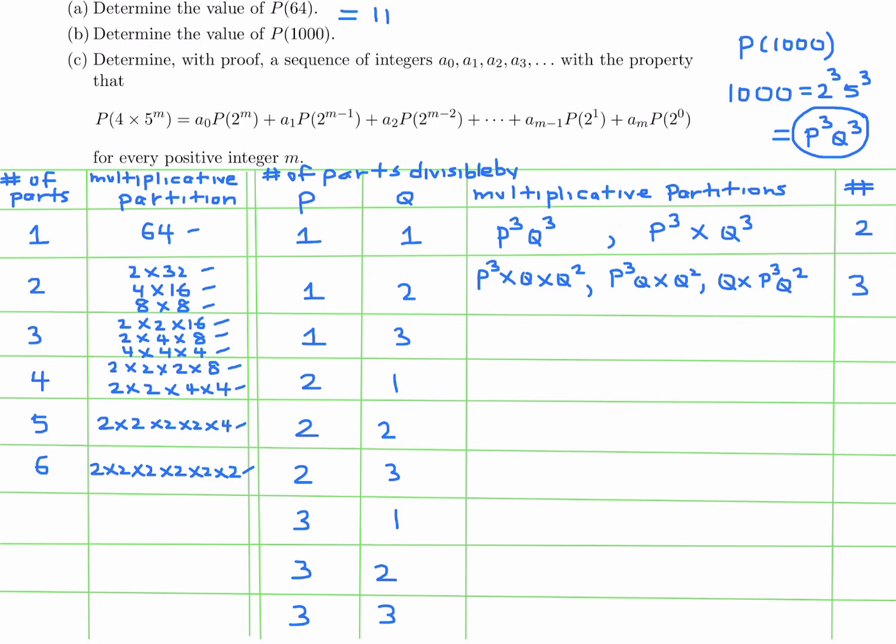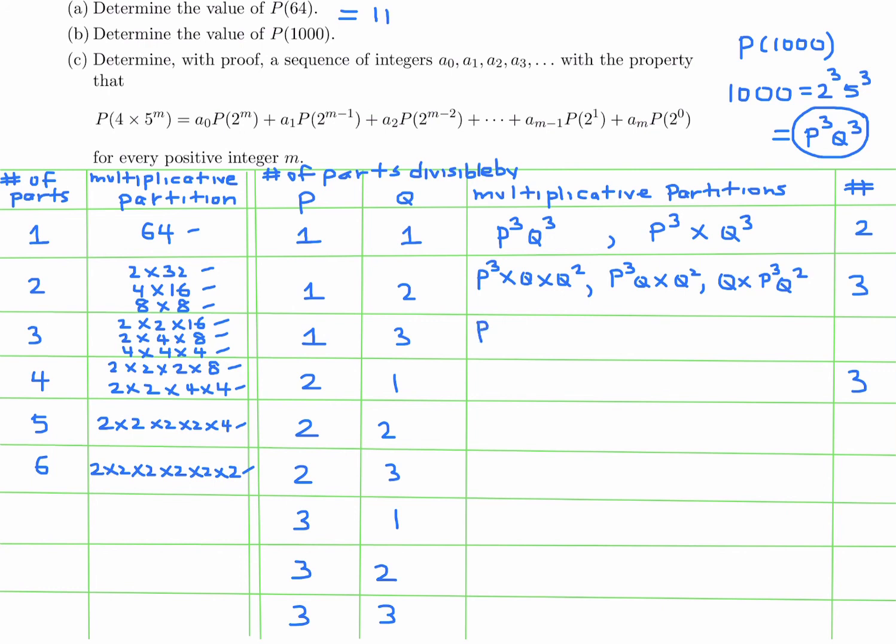Now, 1, 2 will give you the same sort of scenario as 2, 1. You just reverse the p's and the q's. So this is also going to be 3. All right. So that helps us out, a little bit less work for us. Now let's go to the next one. The number of parts divisible by p is 1, and the number of parts divisible by q is 3 this time.